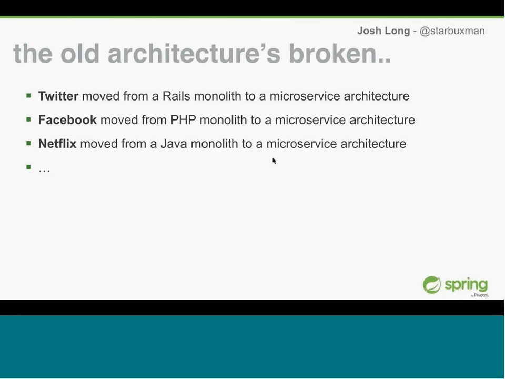This is not news at all, right? We've seen in the last 8 years or so, story after story of the big web giants making the move to this new architecture, this new story, right? So of course, lots of different applications have moved from what we'll call a monolithic application.